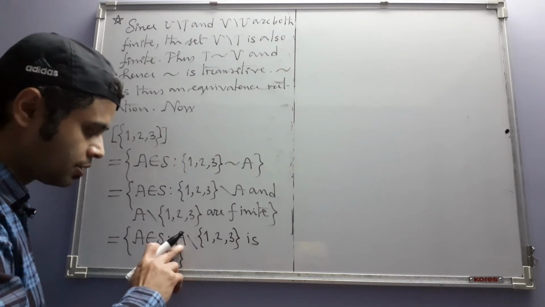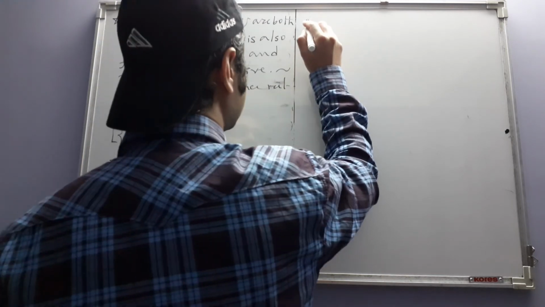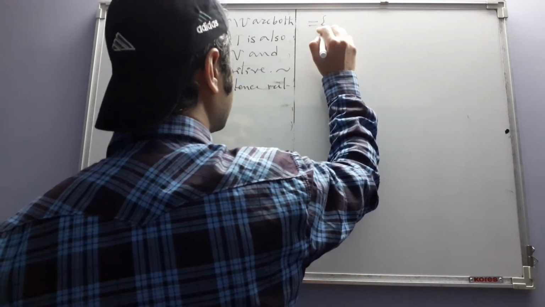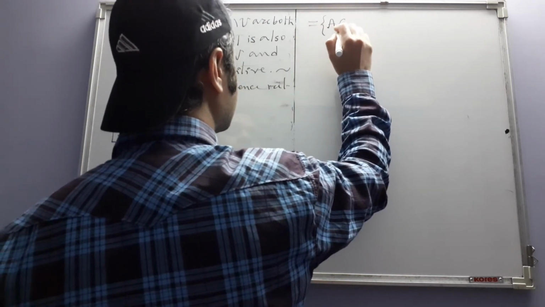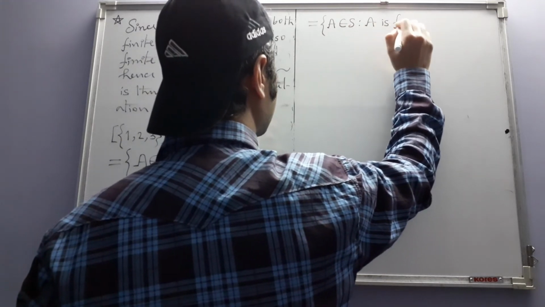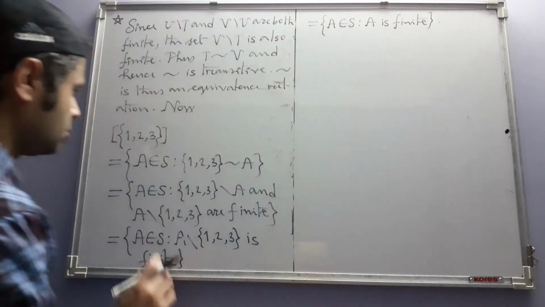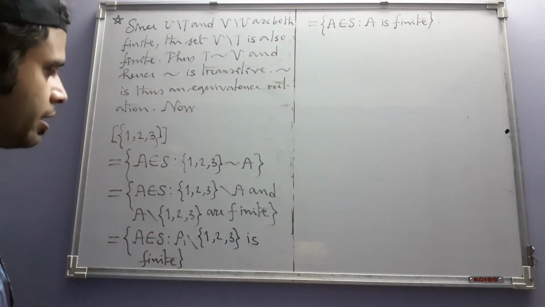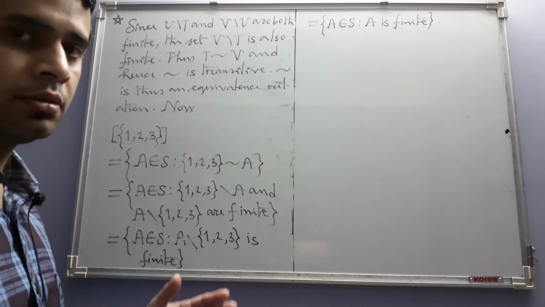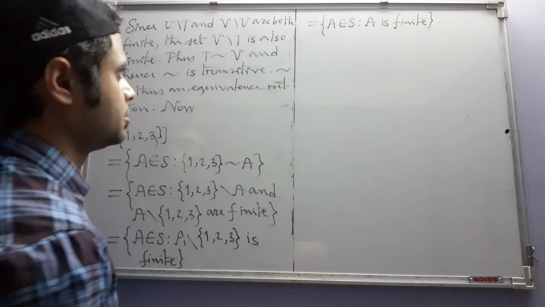So for this to be finite, A itself has to be finite. So that means this equivalence class actually consists of the collection of all finite subsets of the set of integers.